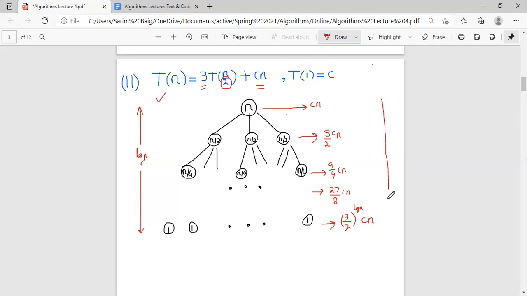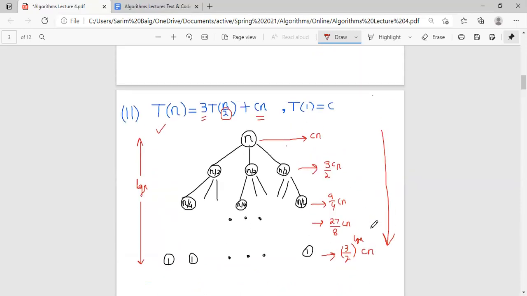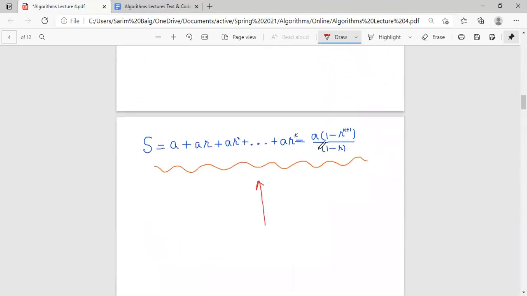And you're going to add all of this vertically now, and you're going to apply this formula we talked about earlier. Now in this case, r is 3 by 2. Last time the nice thing was that r was 2, and then there was this power log n, 2 की power log n.